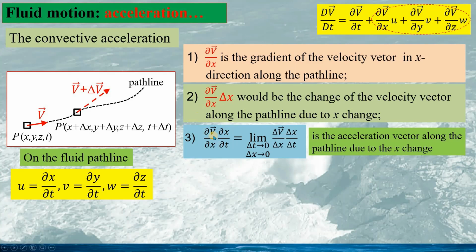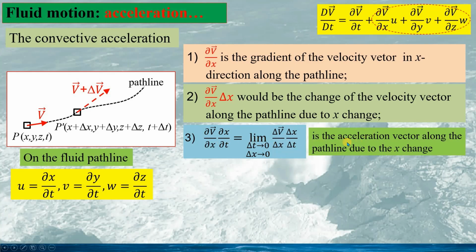And the expression, partial differentiation of vector v with regard to x times partial differentiation of x with regard to t, would be given as the limit of the expression when delta t is close to 0, and this means delta x would be close to 0 too.